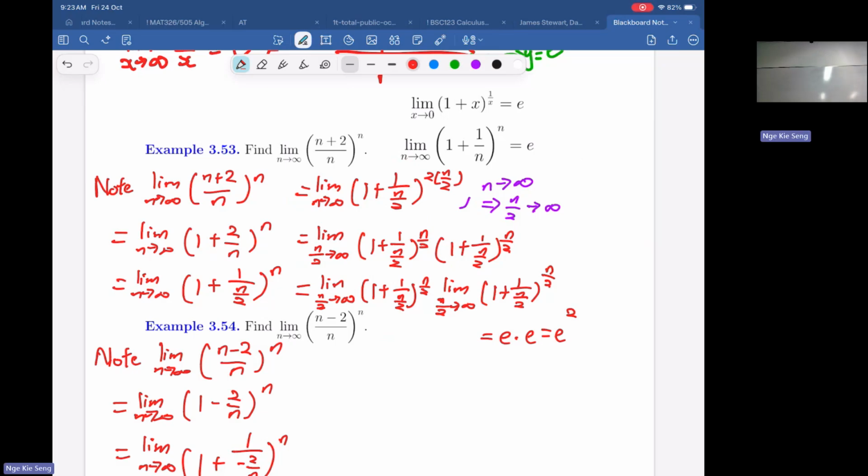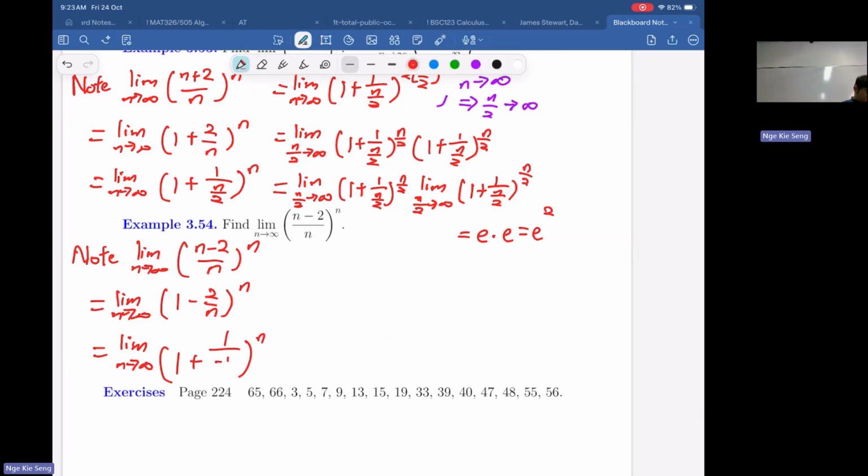The nice thing about this limit is that anything inside the bracket is approaching 1, but the power you take is infinity. So you might think that 1 to the infinity should be 1, but it turns out to be e. Okay, sorry. Oh yeah, thank you.